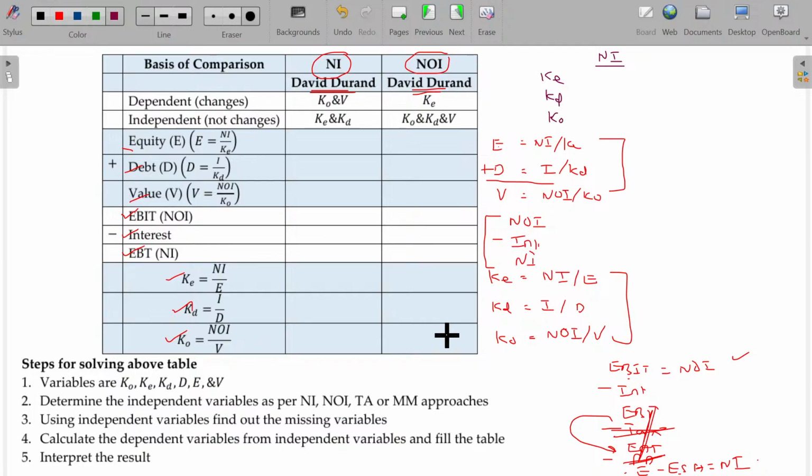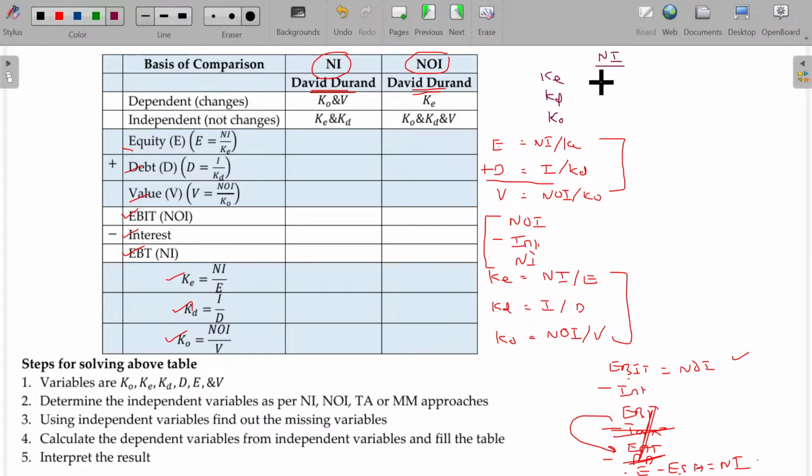What did I tell you about the NI approach? By including debt, the company can save. That's how I told you, no. I think of giving 4 chocolates per student, but some students refused. Sir, I take only 1. Then the company thinks, I can save 3. So it means it's a saving to the company.